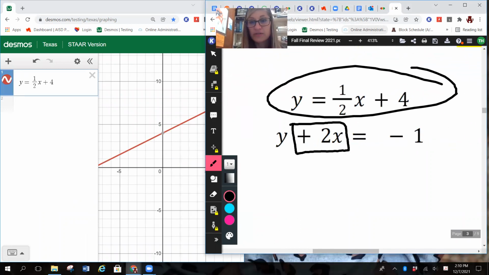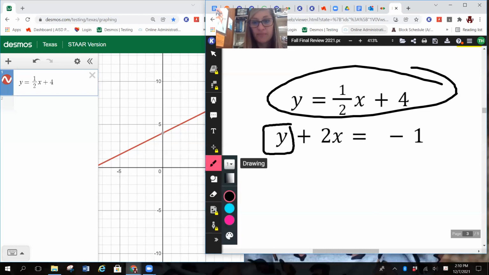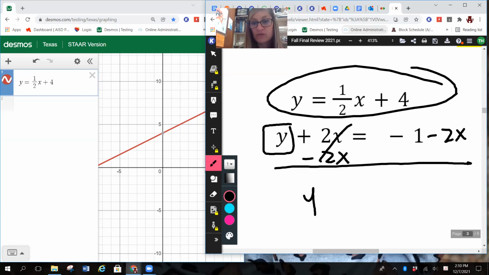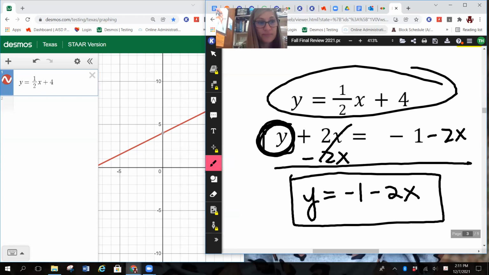Box the y, move the x, divide, divide, divide. So y equals -1 minus 2x. You do not have to divide here because there's not a number next to y and it's positive.